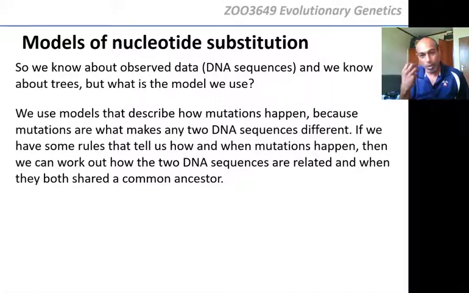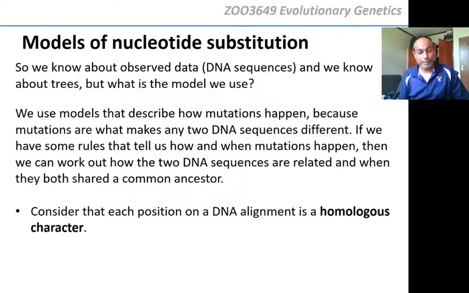We need a model that gives us the rules to tell us how the mutations happen, when the mutations happen, okay? How frequently do they happen, okay? And when we have this information, then we can work out how closely related two DNA sequences are, and when they shared a common ancestor in the past. So we can't go anywhere without these rules. There's rules for nucleotide substitution. In other words, a model for nucleotide substitution.